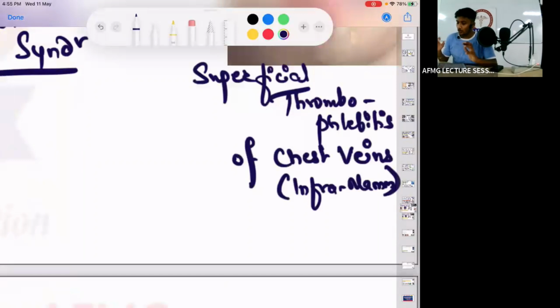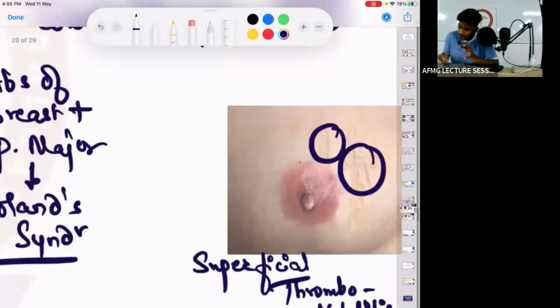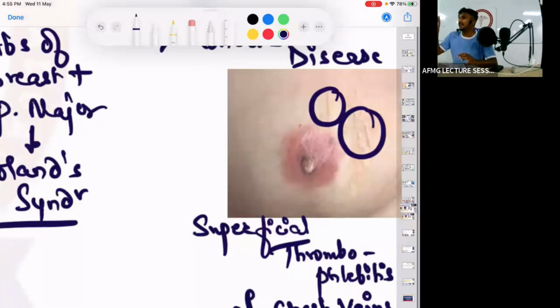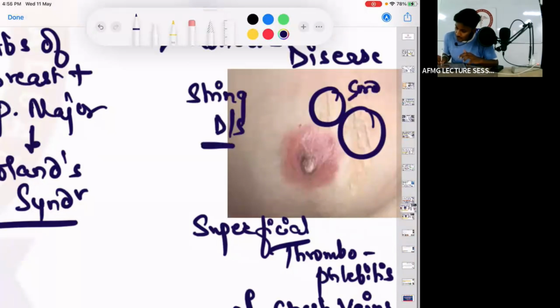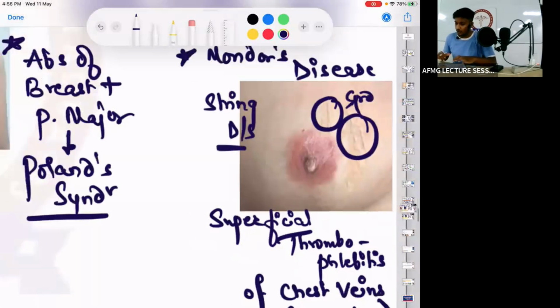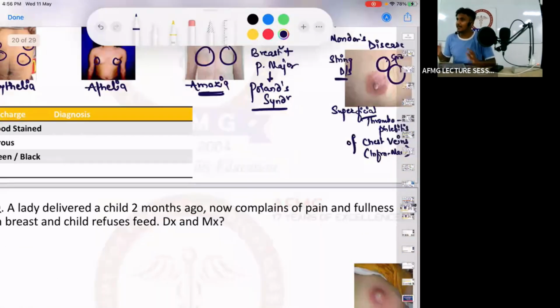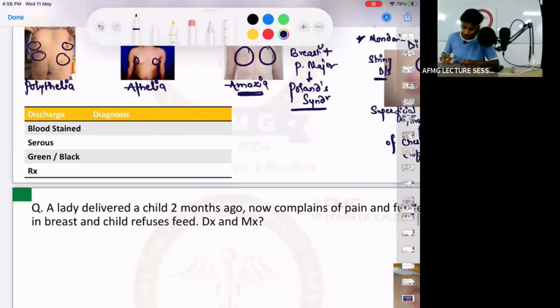This is known as Mondor's disease. When you palpate the vessels, they feel like a cord or a string, therefore it is also known as string disease. Treatment is only reassurance and analgesia for pain relief.